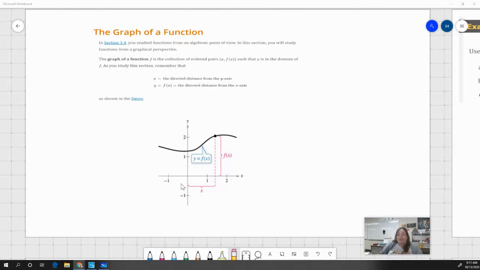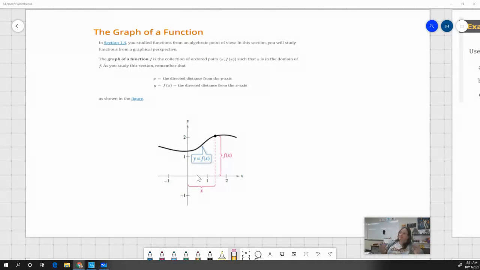And that just means your y goes up and down. It's saying that y is, like here, about 1 1/4 away from the x-axis, so it's 1 1/4. This point right here is 1 1/2 away from the y-axis. That's what they mean by directed distance from the y-axis.